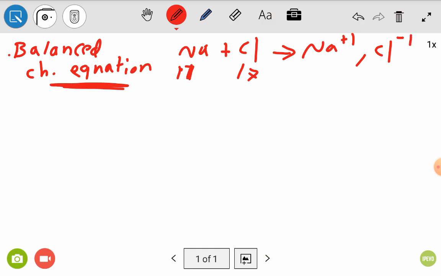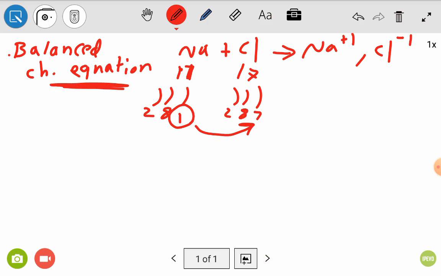The electronic configuration for sodium, 11, is 2, 8, 1, and for chlorine it is 2, 8, 7. We will notice that this electron needs to be lost by sodium and gained by chlorine.